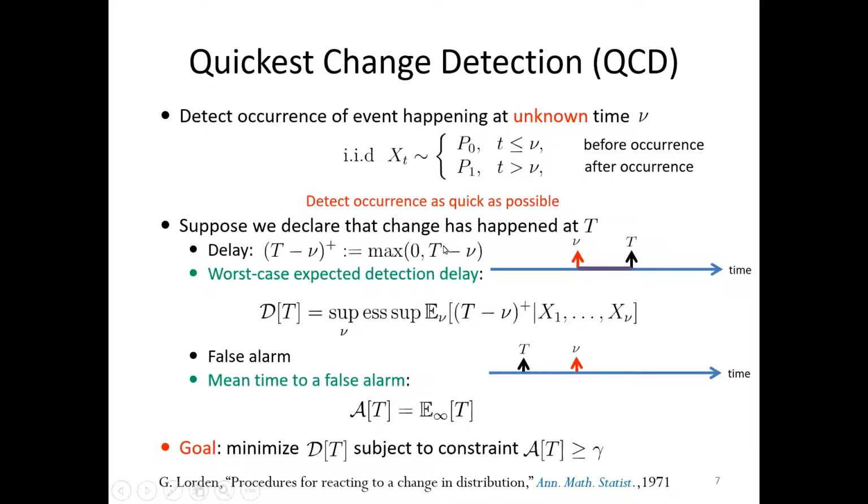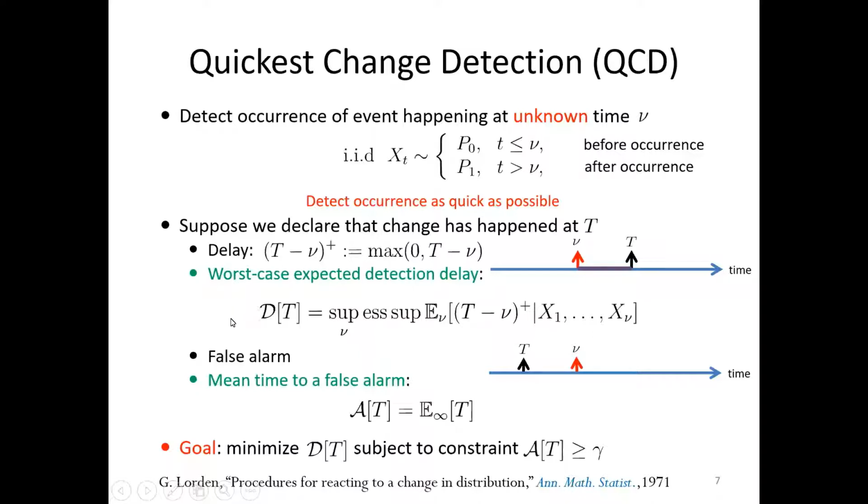We use this metric to measure the performance of t. We average the delay, t minus v plus, and since we are considering the worst case, we take the essential supremum over the pre-change observations, and then take the supremum over all possible v.